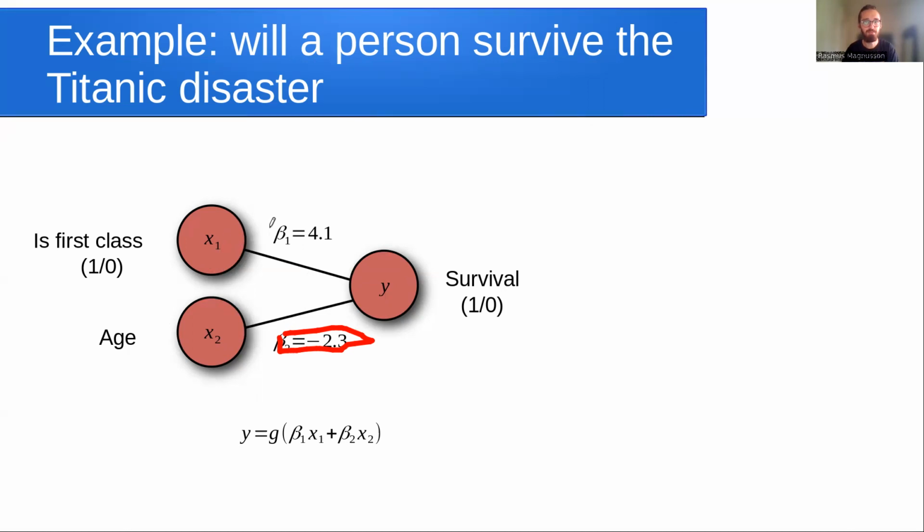And beta 1 I chose here to be positive because I'm thinking, as I said, first class would have a bigger chance of giving a survival here on the output level. And for age, beta 2 is negative because it's a negative dependency on age for surviving the catastrophe.